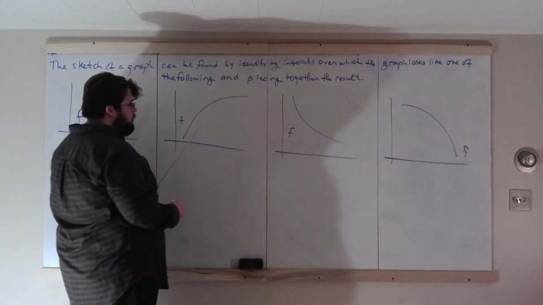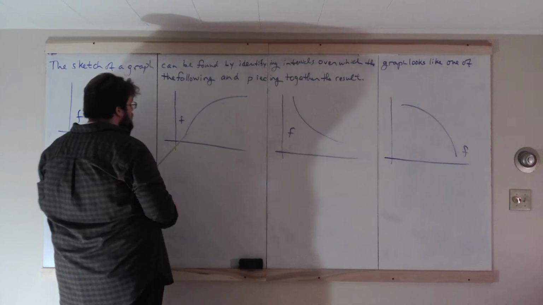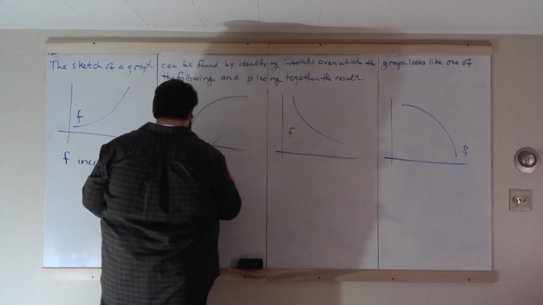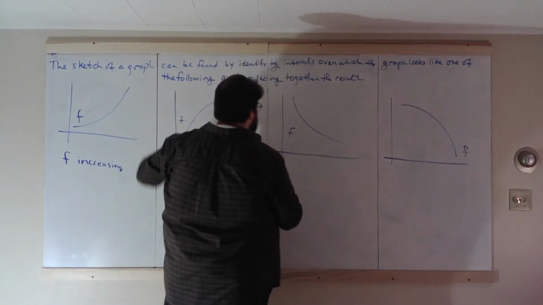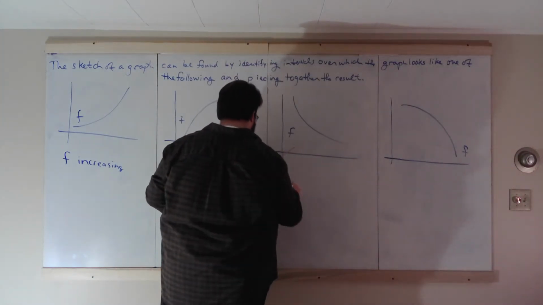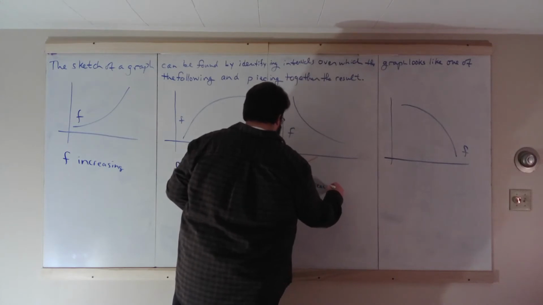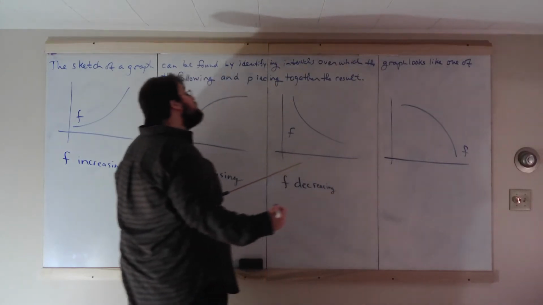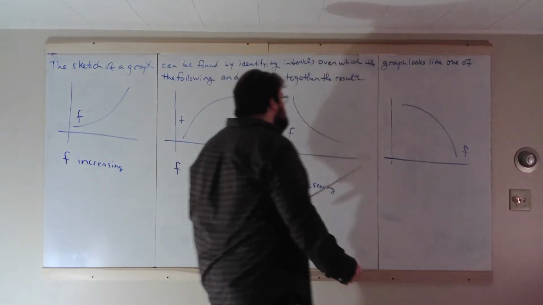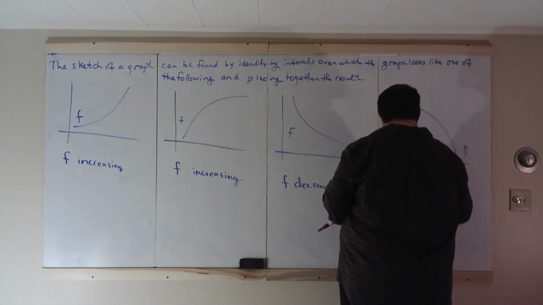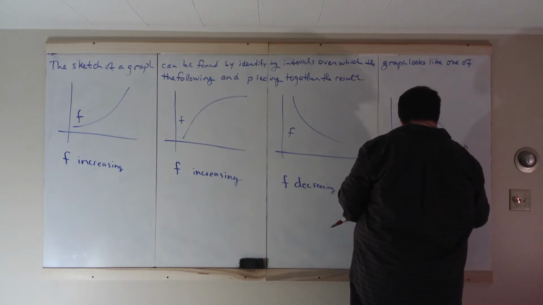It's increasing more slowly, but it's still increasing. How about this next one? Well, that's going downhill. Means it's decreasing. So we'll first observe these with words and then with calculus. And this one, also going downhill. Much faster, too.